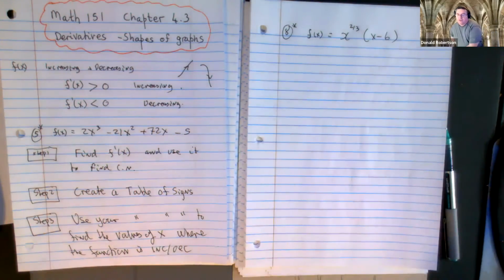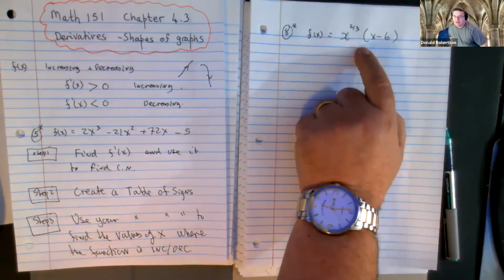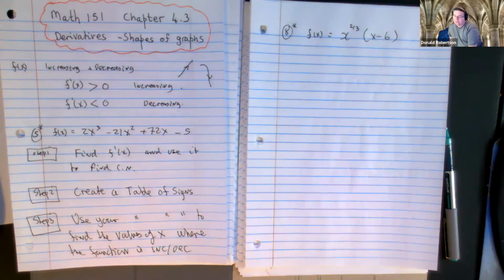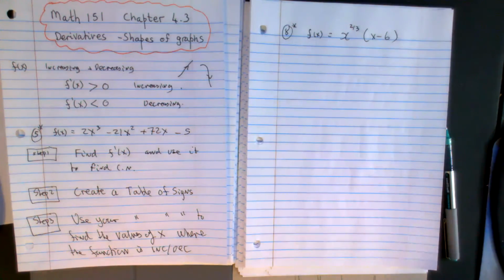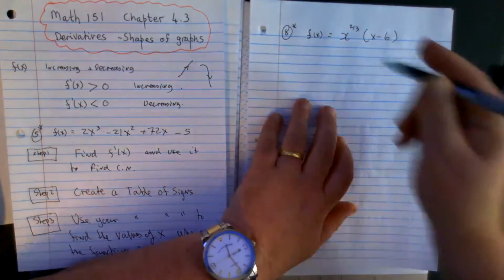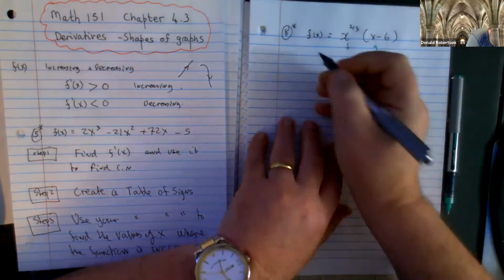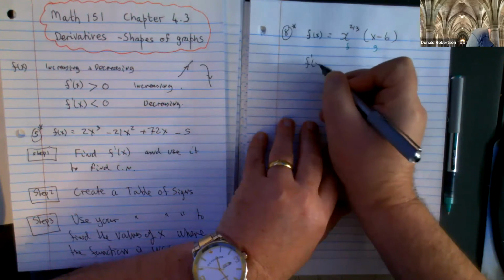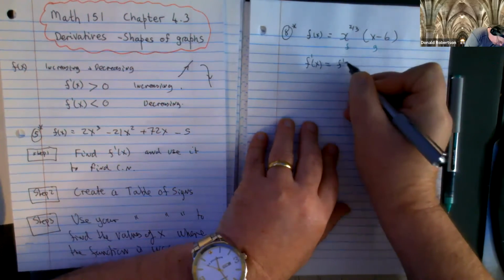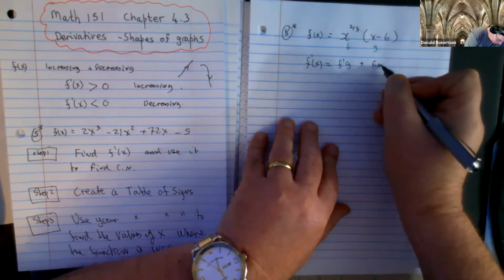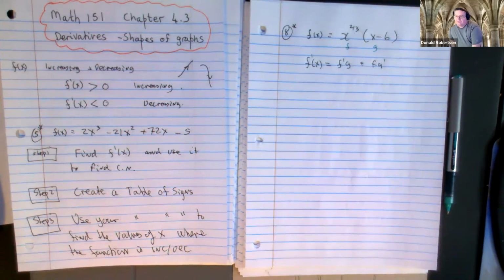What technique will I use to differentiate this? Product rule? Yeah. So I'm going to call this F, and this G. And I'll give you a little warning here. You are not going to like the algebra that comes out of this question. It is downright ugly.